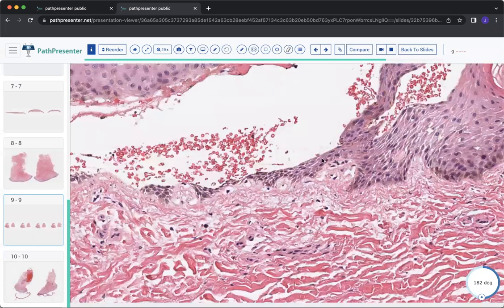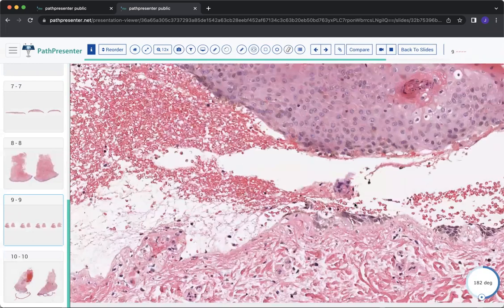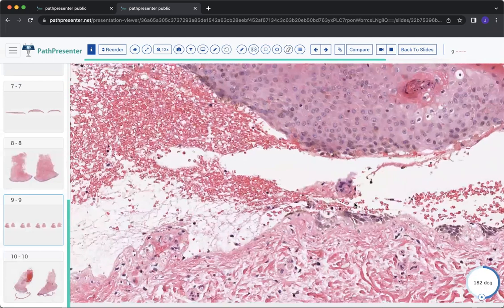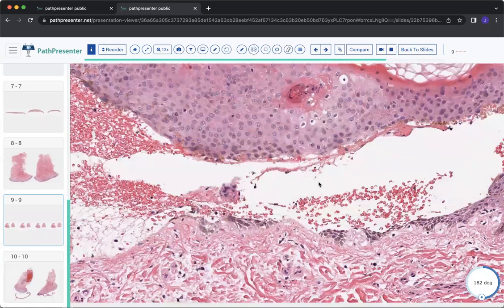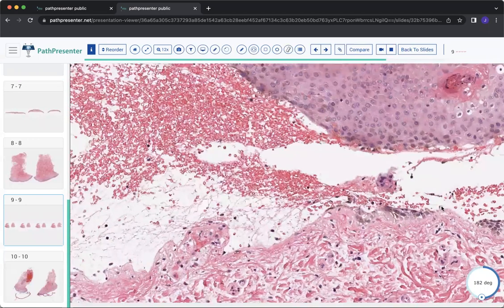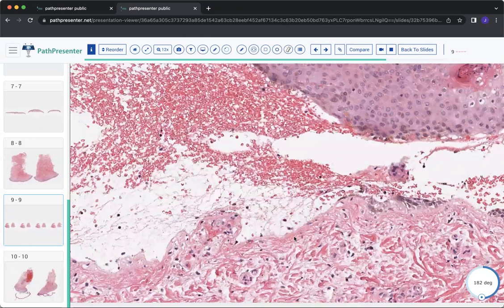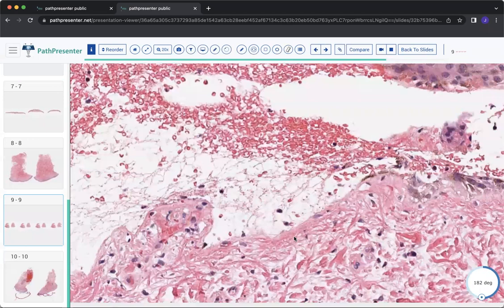So as I mentioned previously, if the patient has an autoantibody against type 17 collagen, which is also called BPAG2 or BP180, it can form a subepidermal blister. If they have an autoantibody against type 7 collagen, such as in epidermolysis bullosa acquisita, they can also form a subepidermal blister.